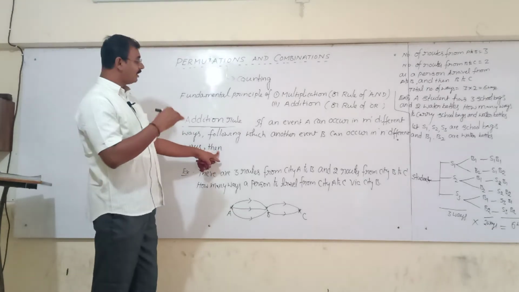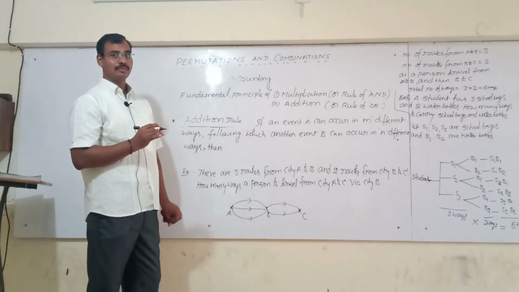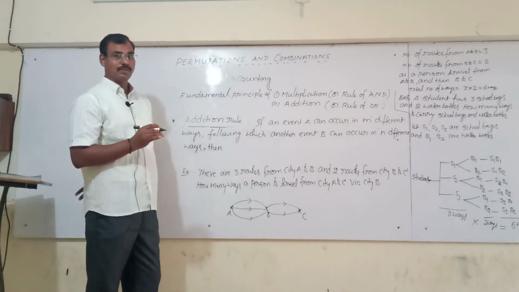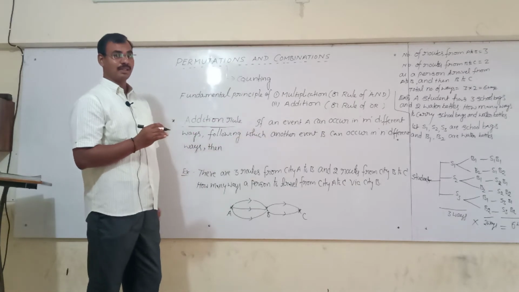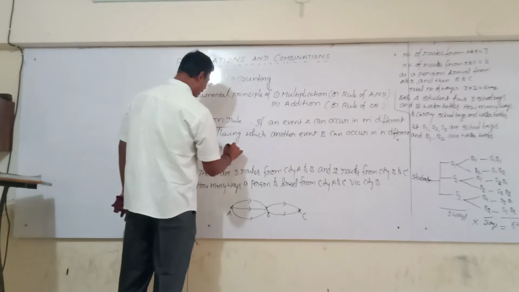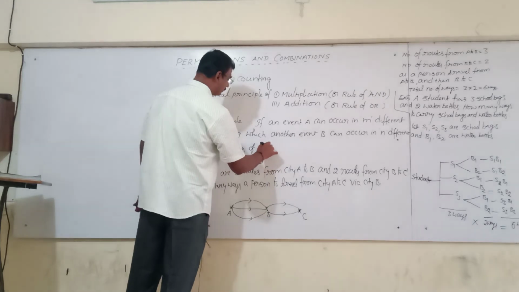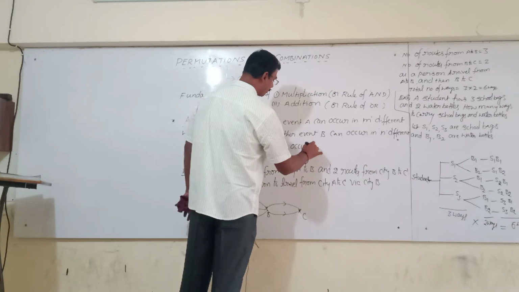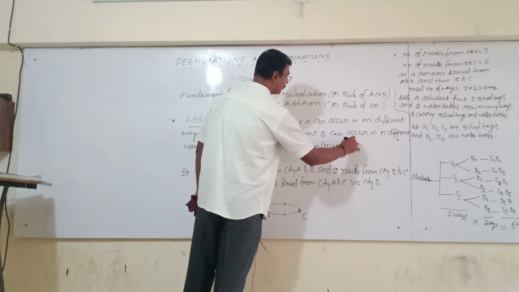Then either event A or event B occurs. Then the total number of ways of occurrence, when either of the events occurs, is in how many ways? m plus n ways.